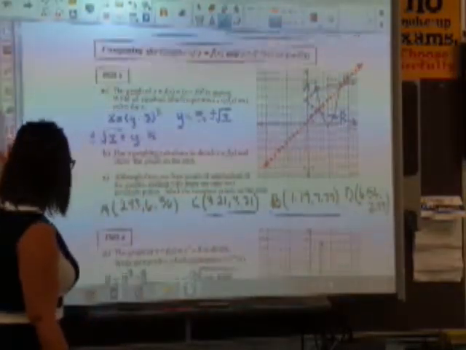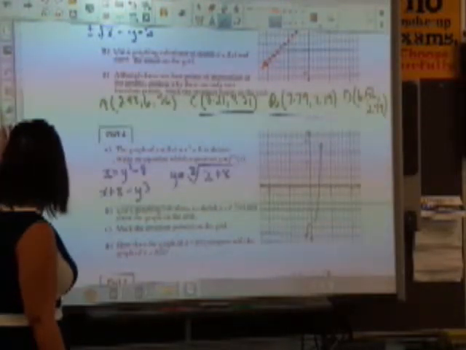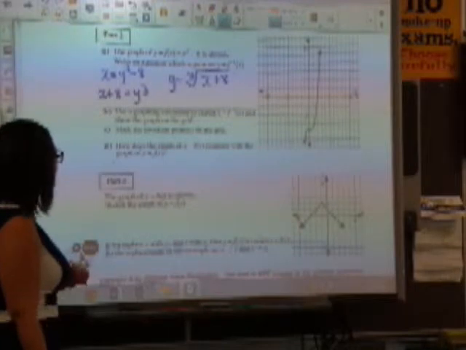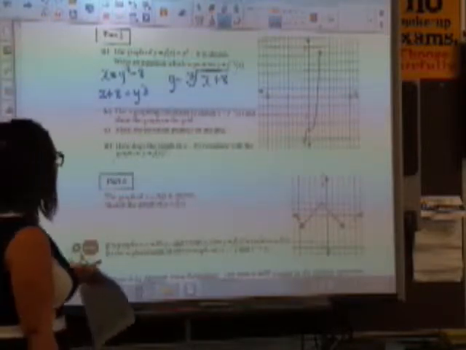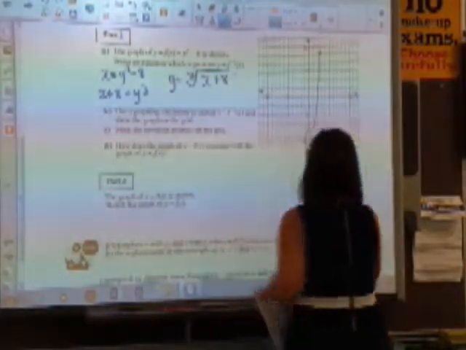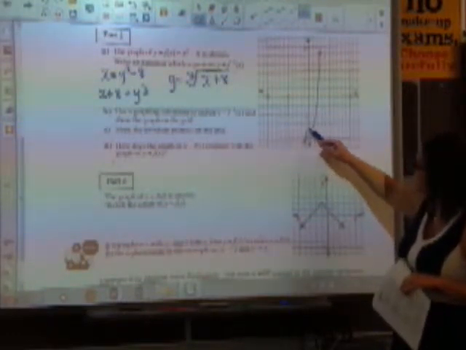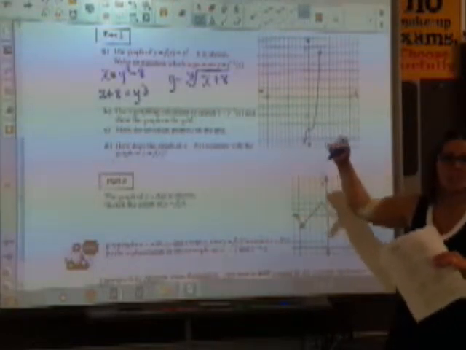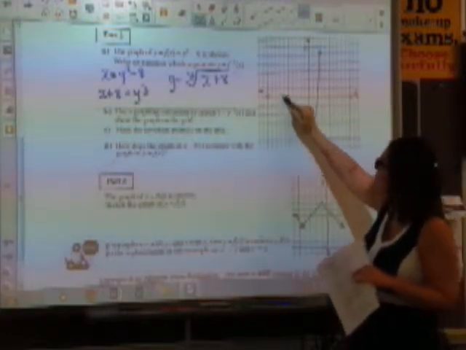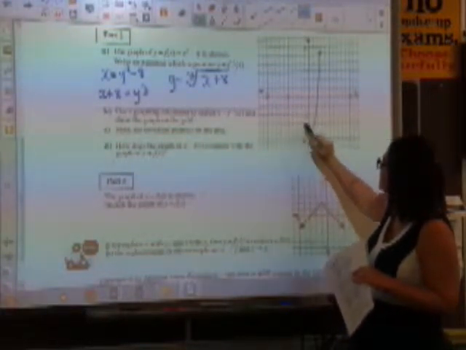So if I look at part 2, which I gave you the question on yesterday, it says use a graphing calculator to sketch the first graph and then to sketch the inverse graph. So if I think about some of these points, this point here was at, looks like it's just a little bit past -8. So 0 and -8 is going to become a little bit past -8 and 0.